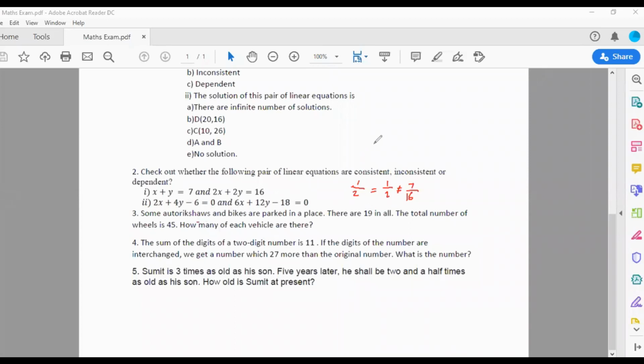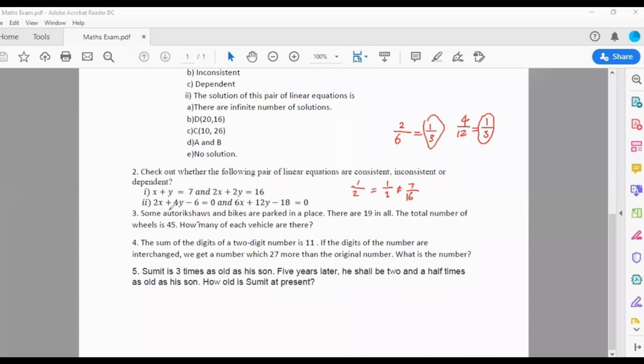Dependent. So the first ratio, the ratio of coefficients of x terms, is 2 by 6. You can reduce this ratio, right? If you reduce, this will be 1 by 3. And the coefficients of y terms, 4 and 12, so 4 by 12 also you can reduce. 4 by 12 is 1 by 3, same ratio.